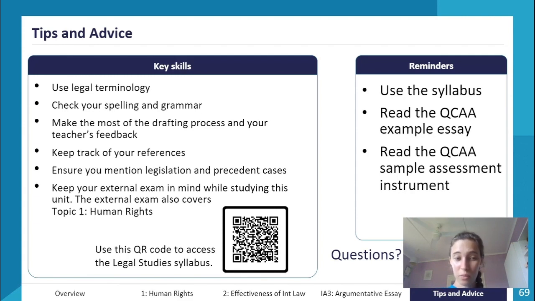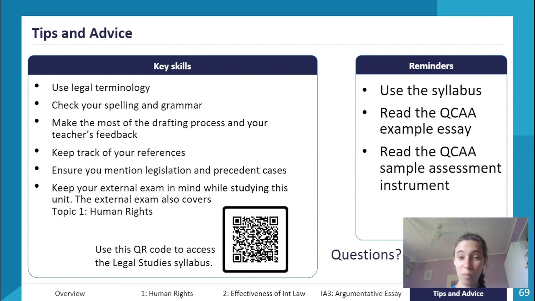Like I just said, with the referencing system, keep track of your references. It can be a real hassle if you don't keep track of your references and you have to go back and find where things came from. Even things like page numbers, if you're quoting directly, there are actually quite a few rules around that kind of thing.